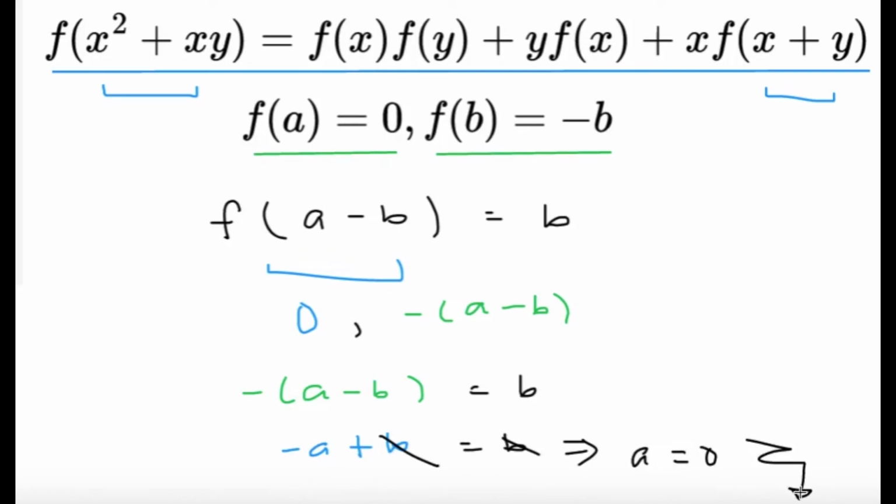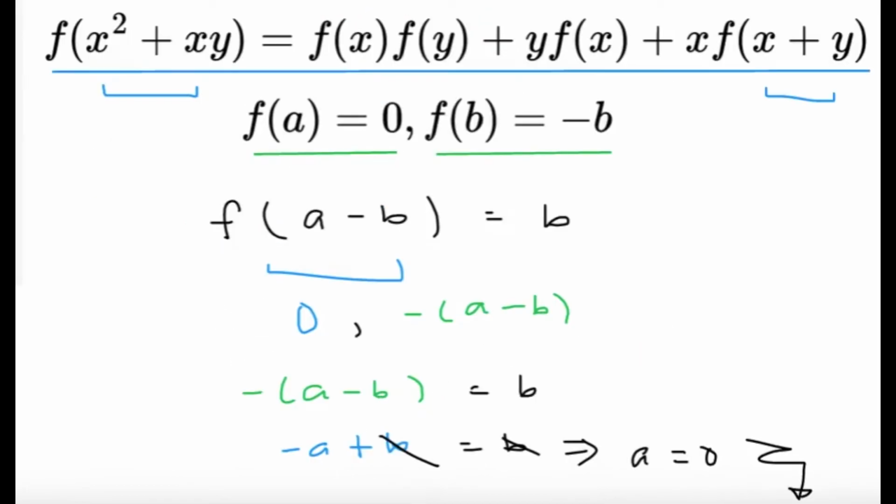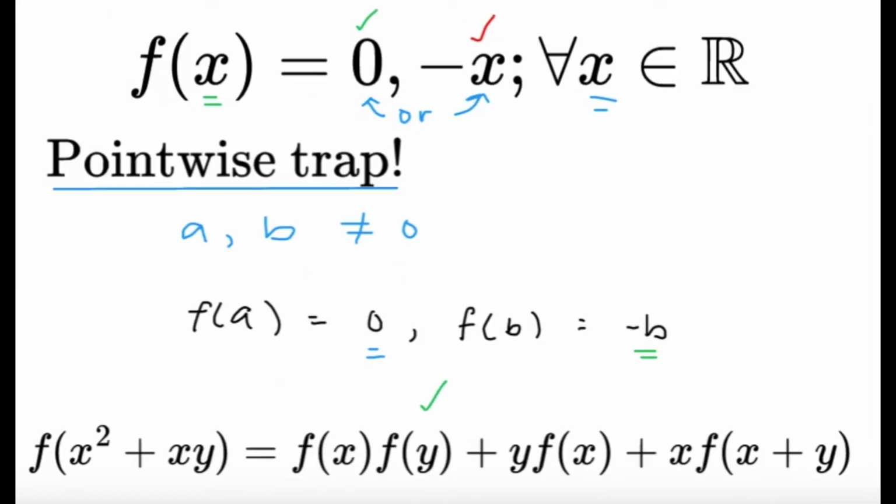So we started with the assumption that there exist a and b such that f of a equals 0 and f of b equals negative b, and we ended up with a contradiction. So this means that our initial assumption is wrong. There aren't any pairs a, b such that f of a equals 0 and f of b equals negative b.